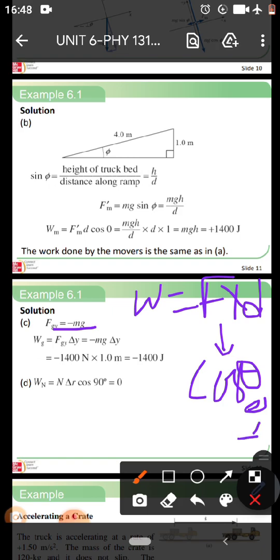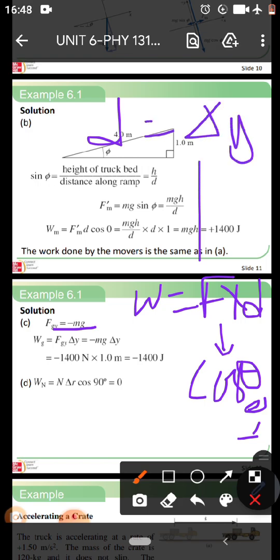Here the distance is the change in the y direction, because we're talking of the vertical direction. When you work it out, you'll have a negative work. It means that gravity is taking out, not adding: the work is transferred from the object instead of to the object. So this is the indication.